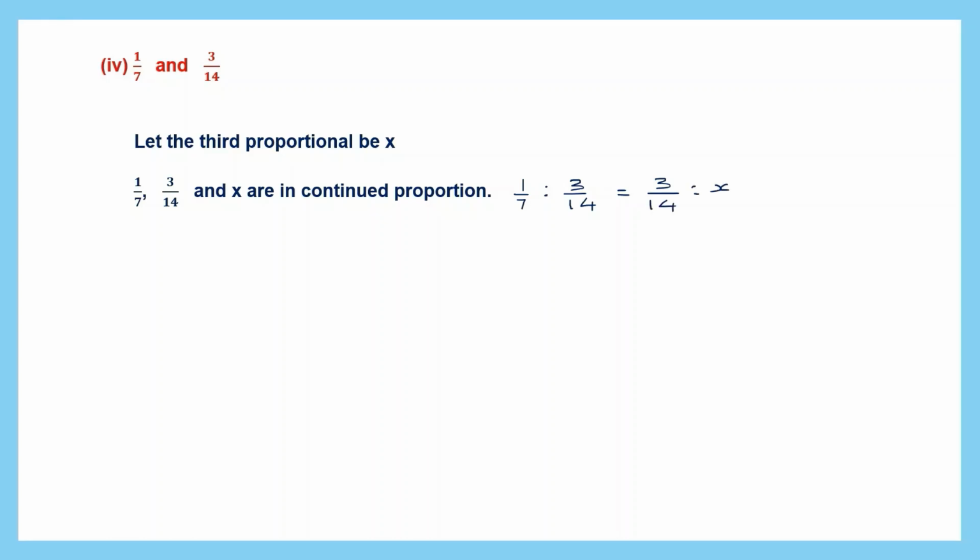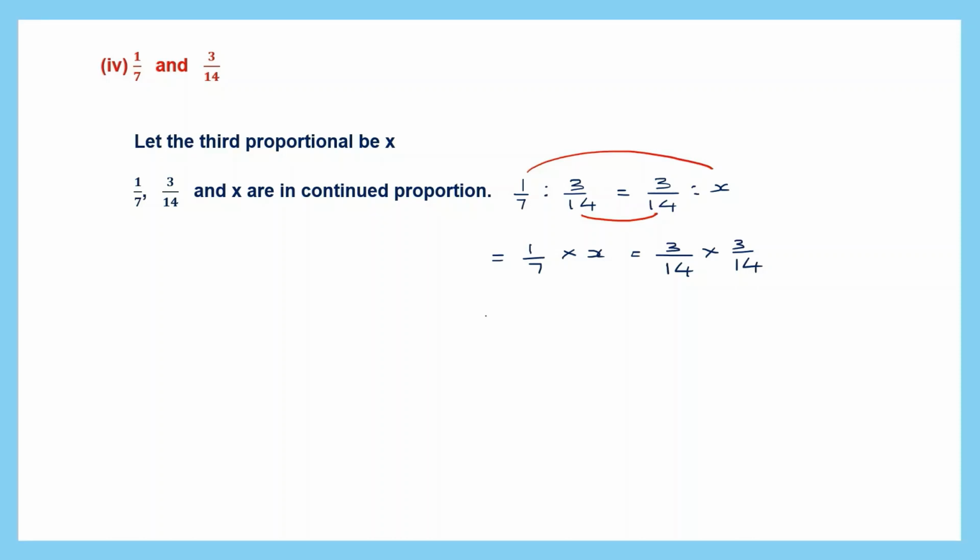So now we can use the formula product of extremes equals product of means. So let's do that. Product of extremes will be 1 by 7 into x and product of means will be 3 by 14 into 3 by 14.